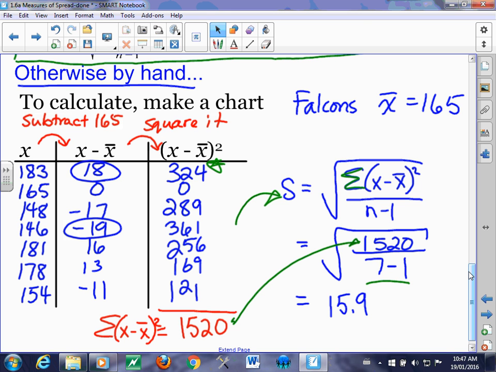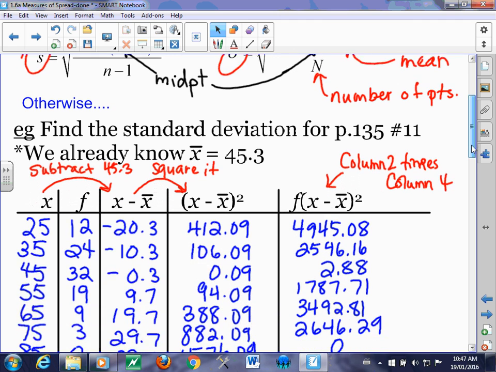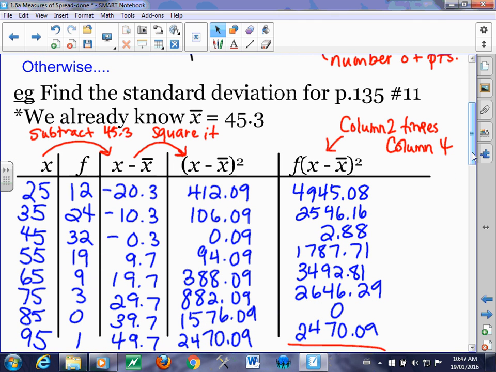If we have grouped data, you have the same formula, folks, and we're going to use technology for this. This is too hard to do by hand. It is tedious, it takes way too long, and there is a high potential for error.